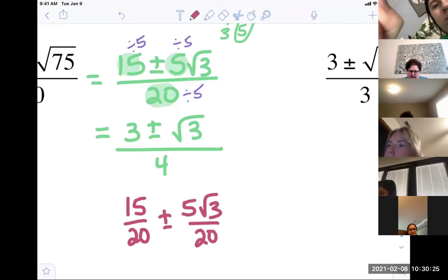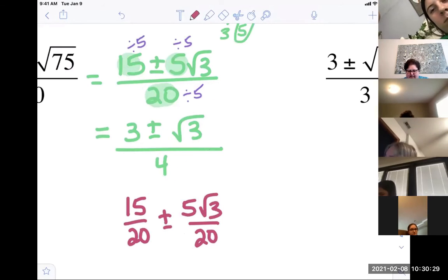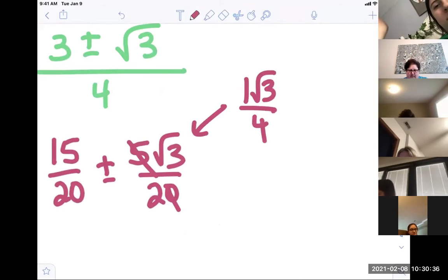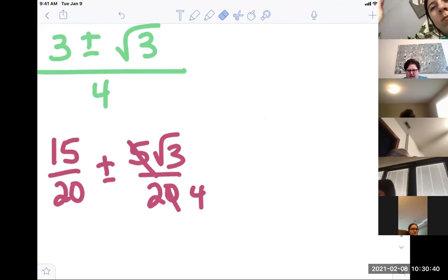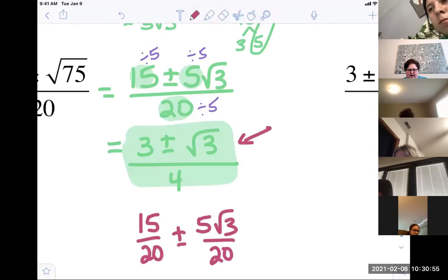And then right here is root 3 over 4, or 1 root 3 over 4. So it's the same idea down here. You can either simplify that like 1 root 3 over 4, or you can just say cancel that out and it's root 3 on the top and 4 on the bottom. So again, I'm perfectly fine with you leaving it in this way. I think in algebra 2, if you get imaginary numbers, they make you split it up maybe into 2 parts, but this is fine for what we're doing.